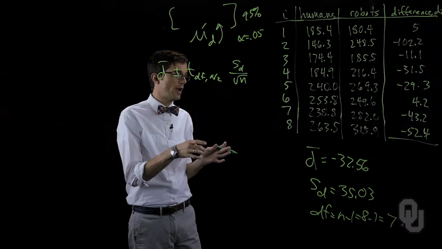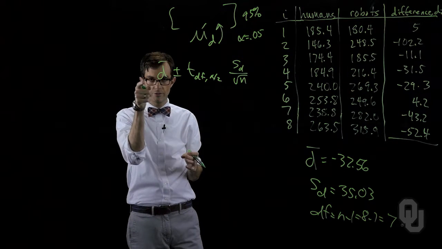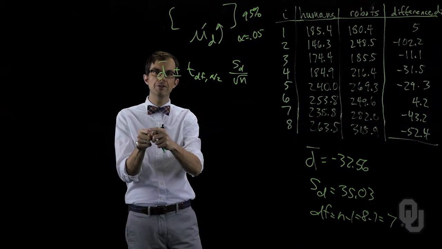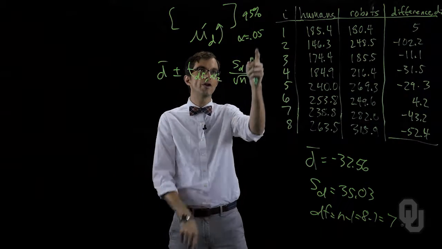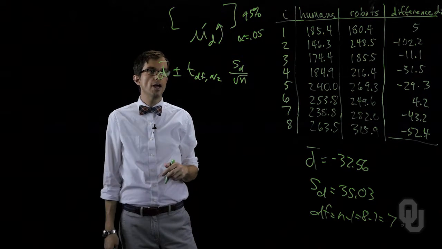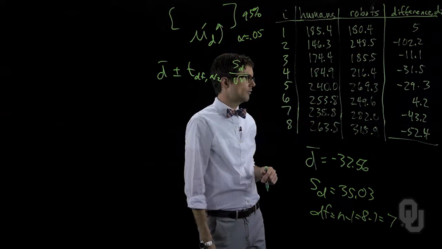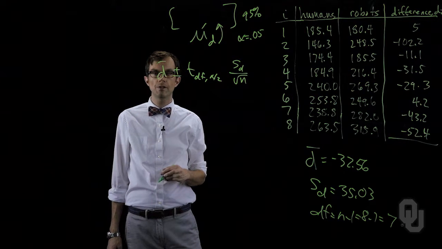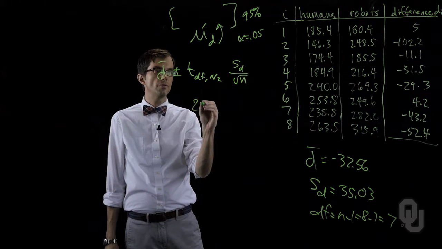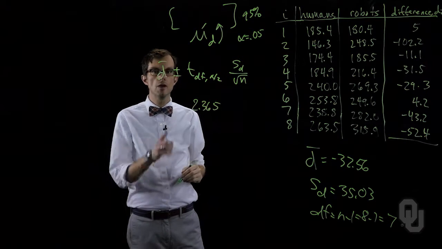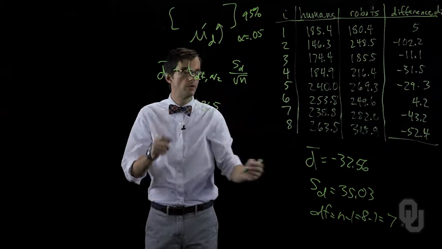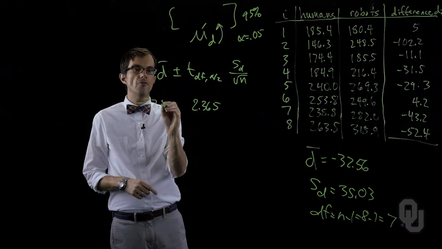So we could go to a t table, go down to the row associated with degrees of freedom 7, over to 0.025 in the upper tail, and we would get a value of 2.365. So this number is going to be 2.365. We've got our d bar here, negative 32.56.